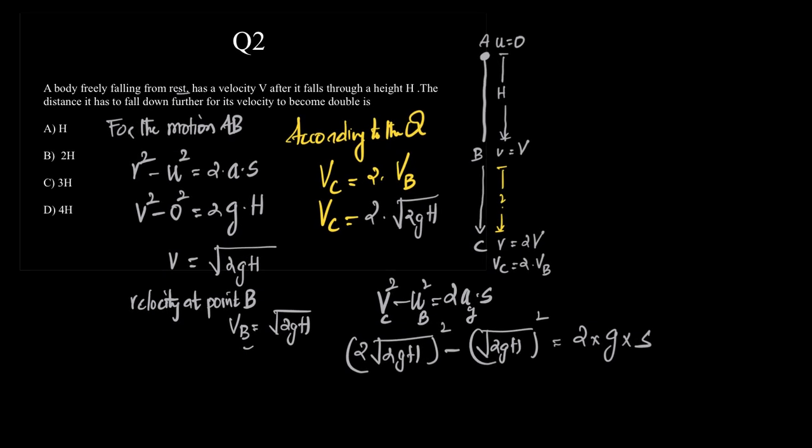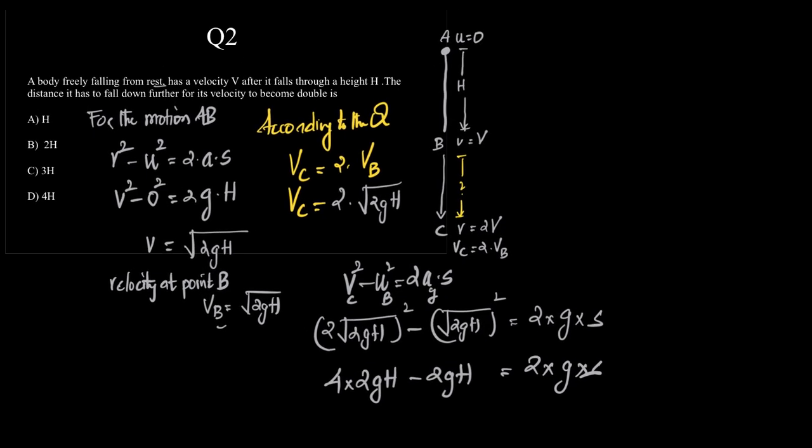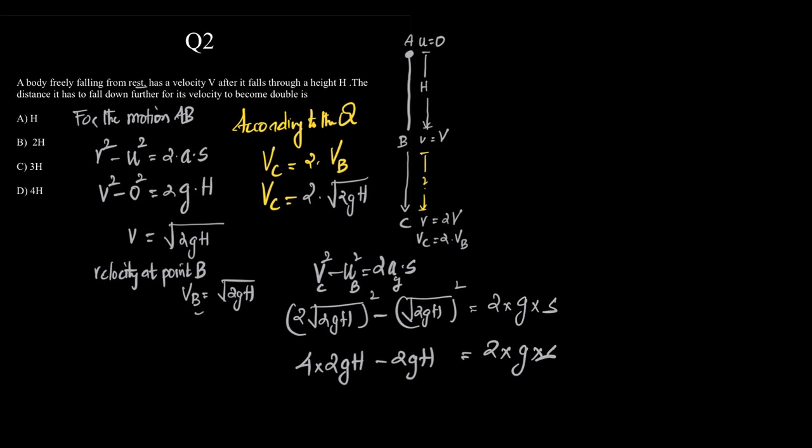So 2 square is 4, root of 2gh is 4 into 2gh, minus root of 2gh square is 2gh, is equal to 2 into g into s. So which basically means s is equal to, 4 2s are 8, 8 minus 2 is 6, 6gh, the whole upon 2 into g.